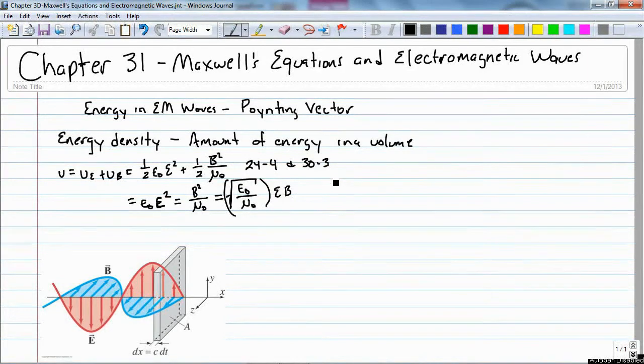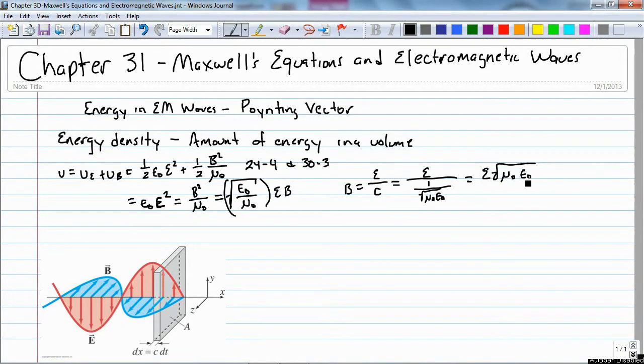Also, we can put the magnetic field in terms of the electric field and the speed of electromagnetic waves, and this is equal to the E field divided by 1 over the square root of mu naught times epsilon naught, and simplifying, that's E times the square root of mu naught times epsilon naught.